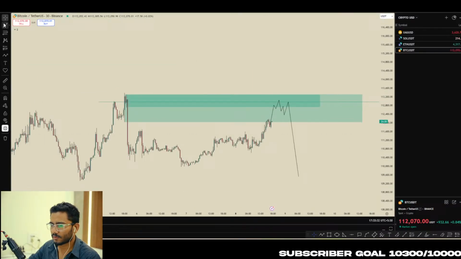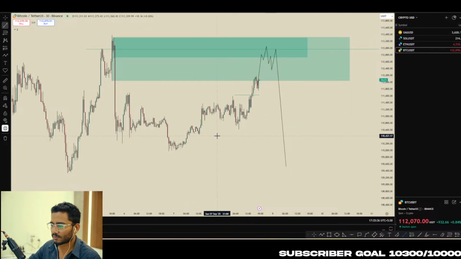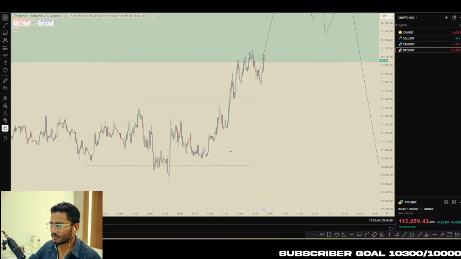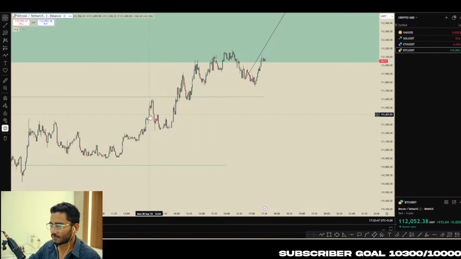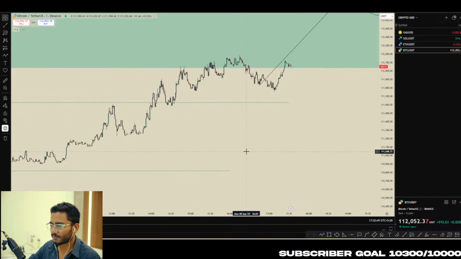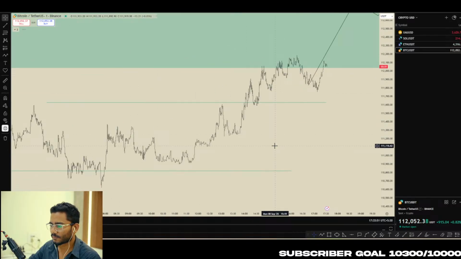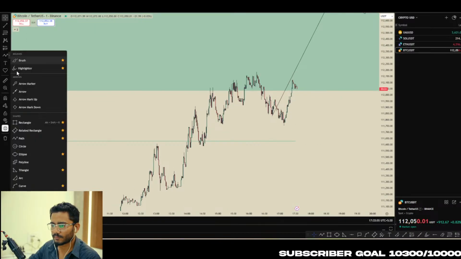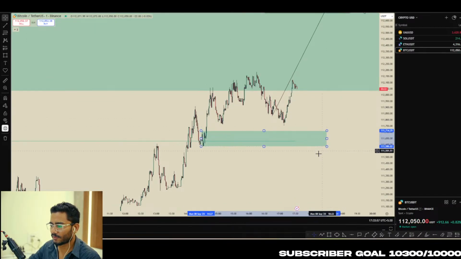Right now, on 30 minutes, price is creating higher highs and higher lows. Here, it took out the liquidity, tapped, continued. Should tap this.